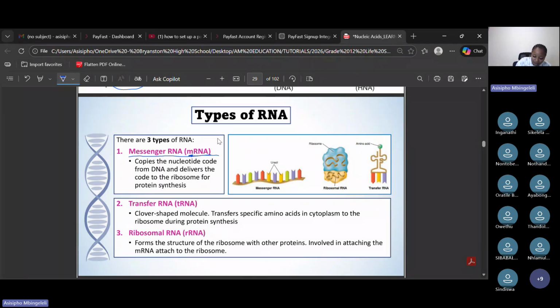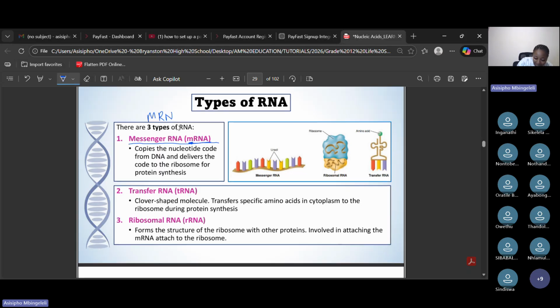So if, for example, you write mRNA, messenger RNA, and you write M in capital letter and RNA also in capital letter, this will be marked wrong. We're not going to recognize that. Same if you write M in capital letter and you write RNA in small letters.